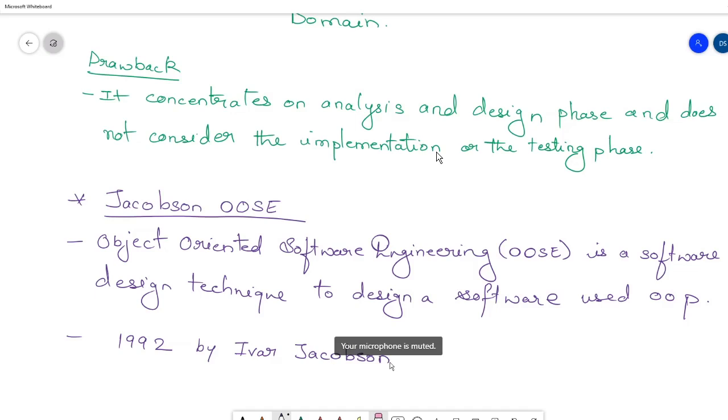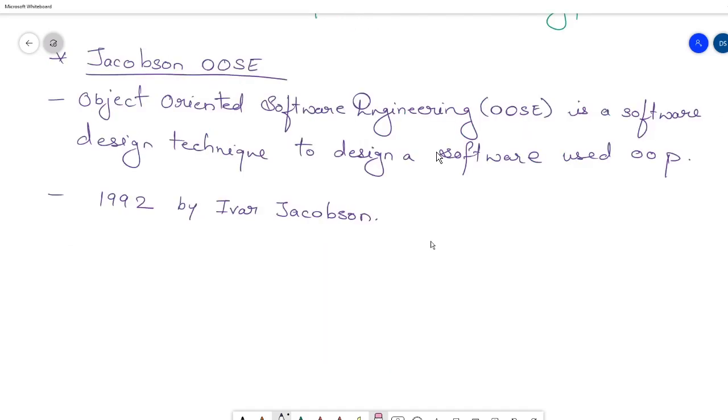We can say that OOSE is the first object-oriented design methodology that employs use cases in software design. So Jacobson was the first who proposed in the object modeling technique how use cases could be helpful in software designing. He proposed this designing technique to consider use cases in software design.